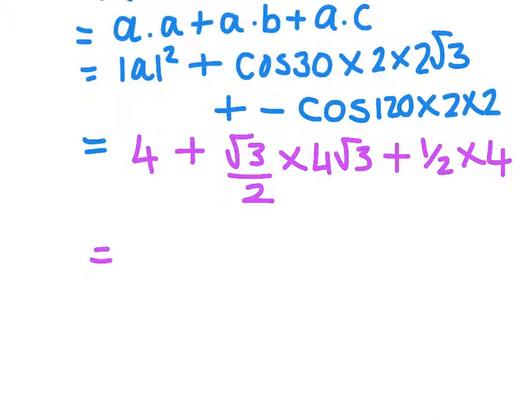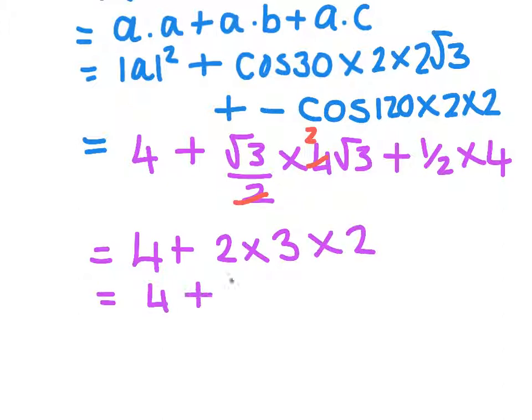I can cancel a little bit here. And so I've got 4 plus, going to be 2 times root 3, which is just 3, plus a half times 4, which is 2. So I've got 4 plus 6 plus 2, which gives me a final answer of 12.